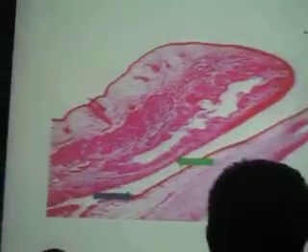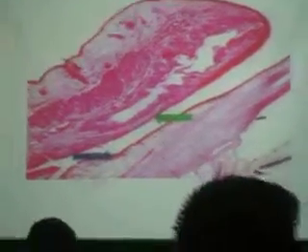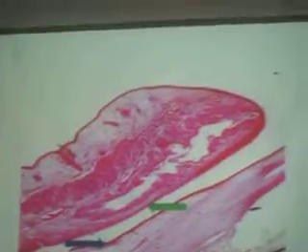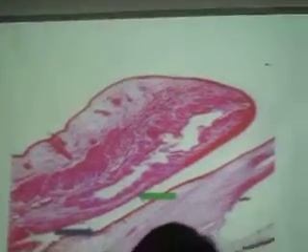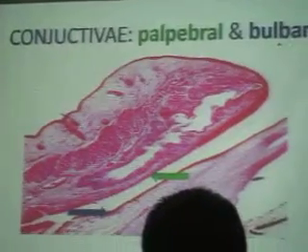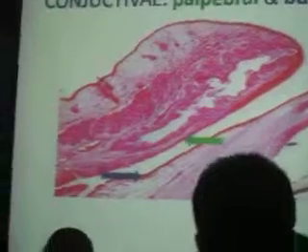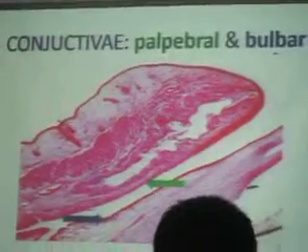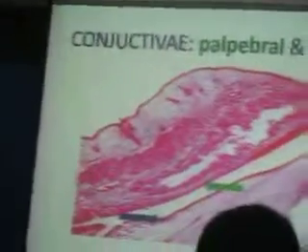Okay. I mentioned earlier that for the inner surface of the eyelid you have the conjunctiva, your palpebral conjunctiva. It is a mucosal layer that covers the inner surface of the eyelid, and it also covers the exposed part of your sclera, the white of your eye, because it is opaque.